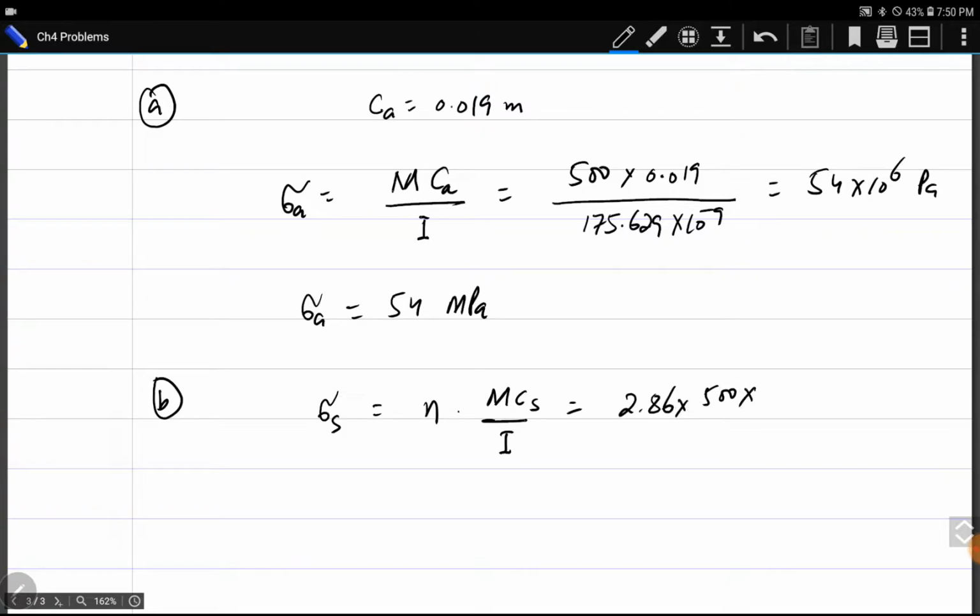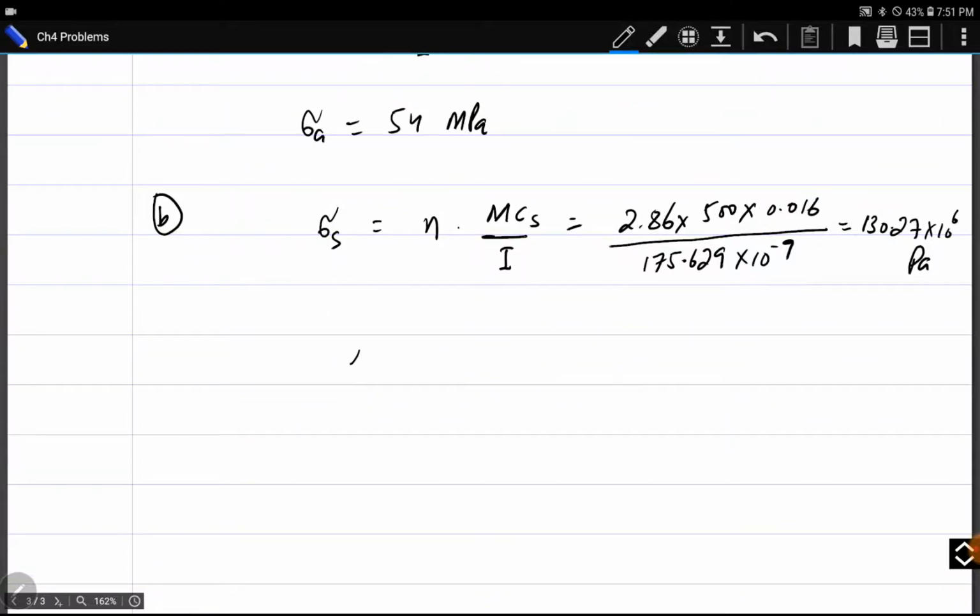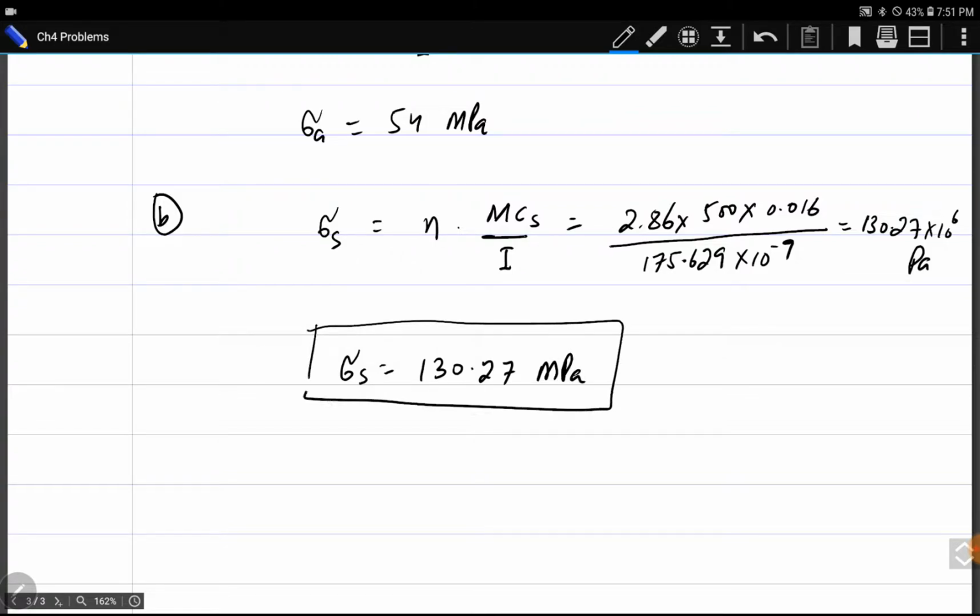C for steel is its outer radius, which is 0.016, divided by I, which is 175.629 into 10 power minus 9. So this comes out to be 130.27 into 10 power 6 pascals, or we can rewrite it as 130.27 megapascals.